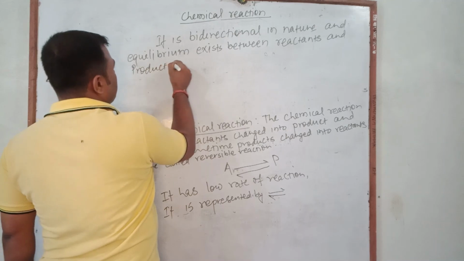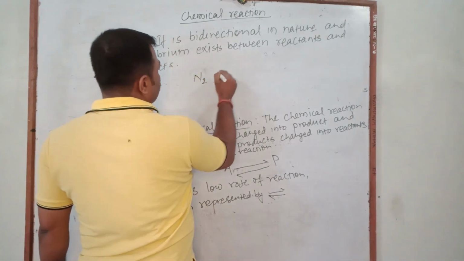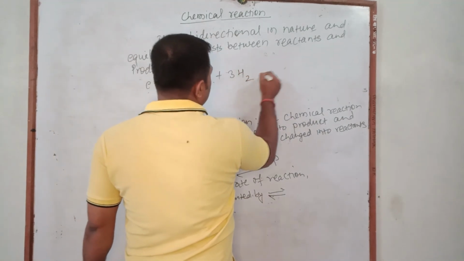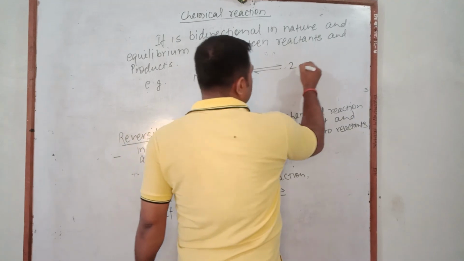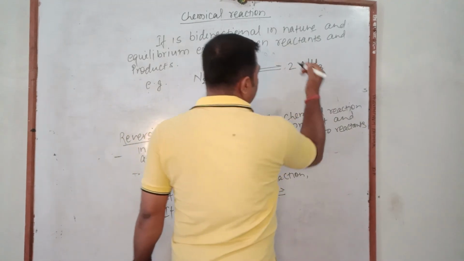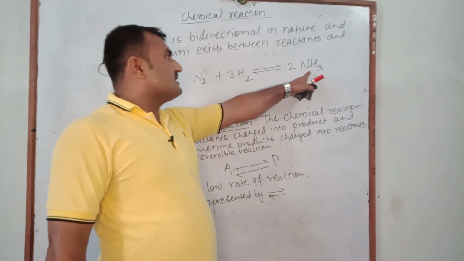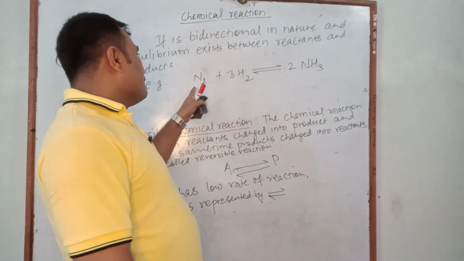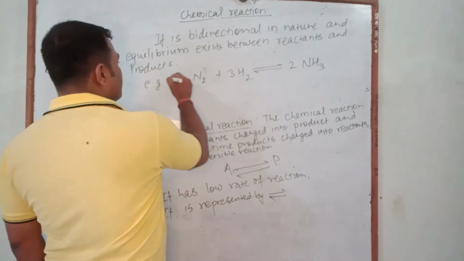Several examples are found related to this. Nitrogen combined with hydrogen changes into ammonia gas at high temperature and high pressure. When pressure and temperature are reduced, then ammonia decomposes into nitrogen and hydrogen. Therefore, it is called a reversible reaction.